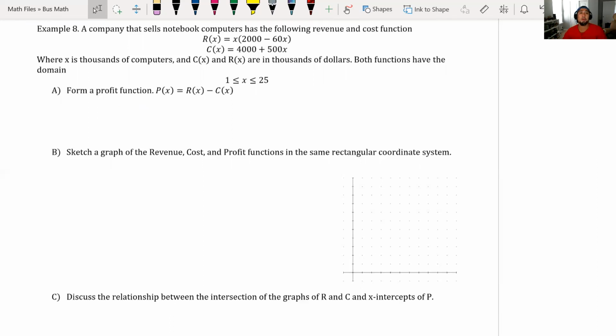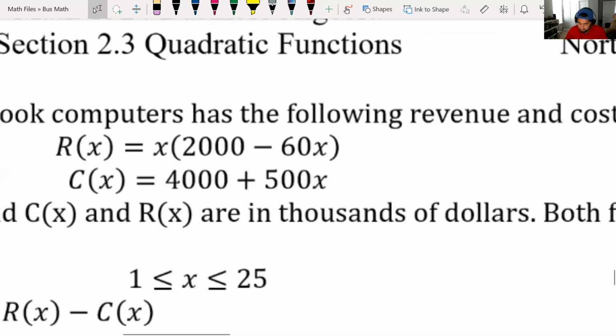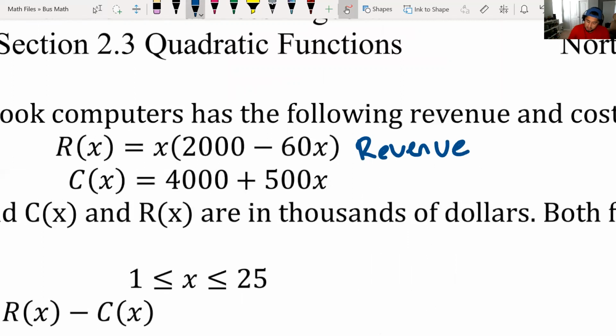Okay. A company that sells notebook computers has the following revenue and cost functions. R of X equals X times (2,000 minus 60X) is the revenue function, and C of X equals 4,000 plus 500X is the cost function.